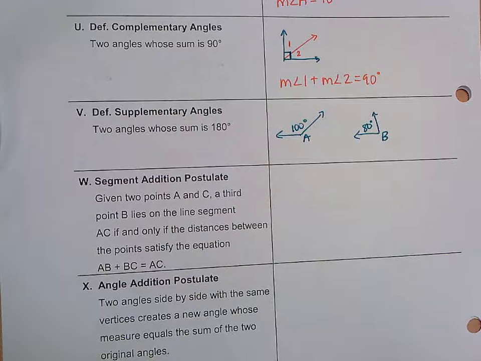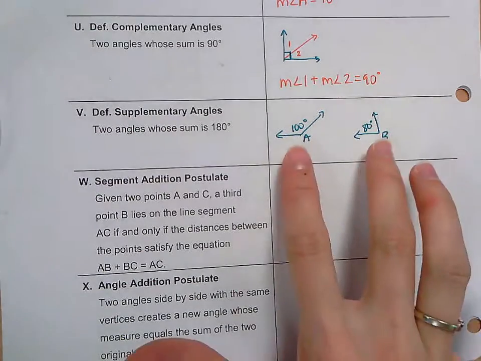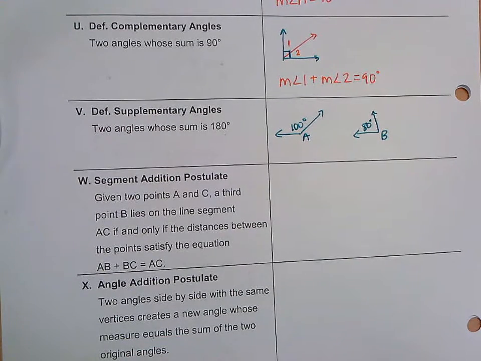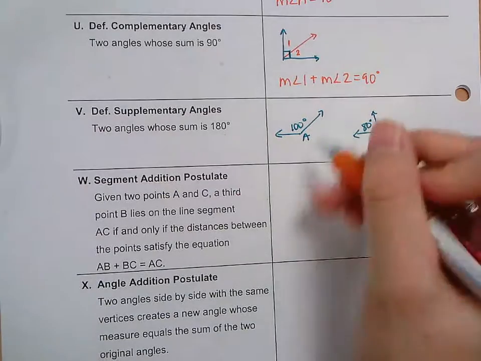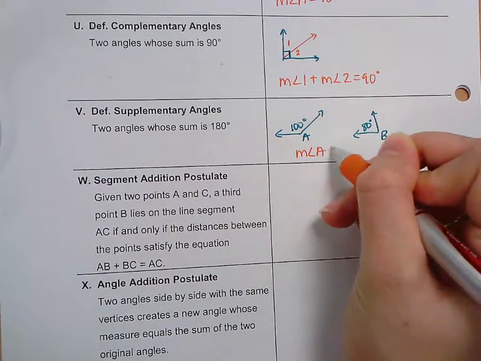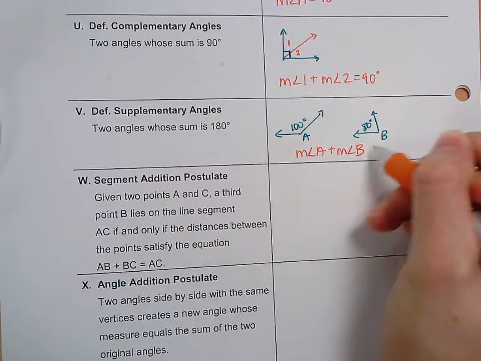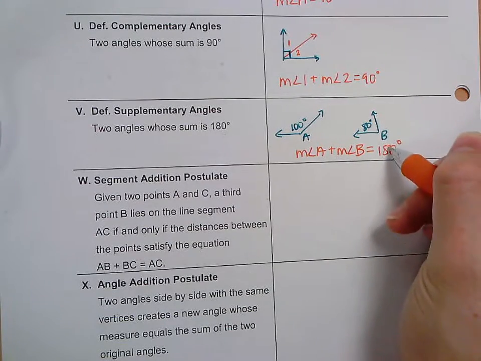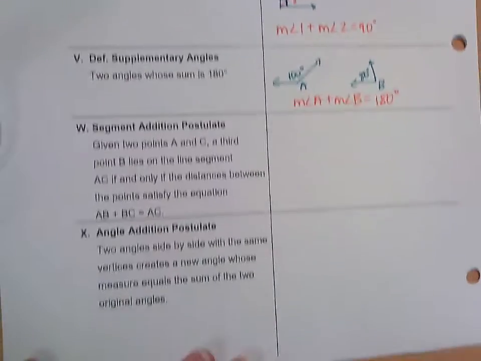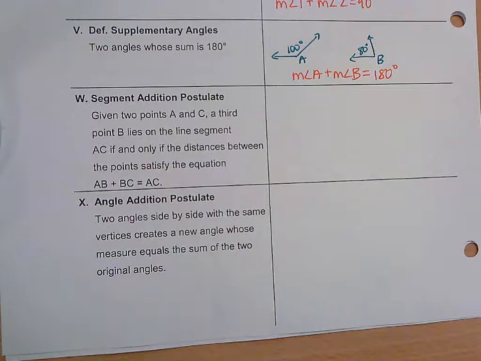They are not forming a line, but because they add to 180 degrees, they're still supplementary. So the measure of angle A plus the measure of angle B is equal to 180. But they're not a linear pair. If you're told something's a linear pair, that's the supplement theorem.